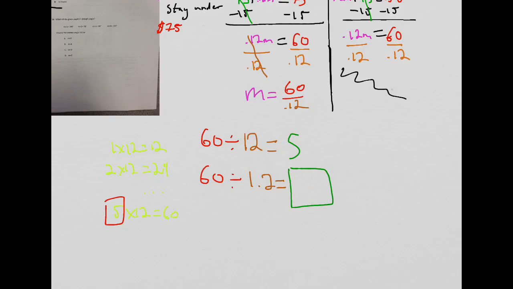If I moved the decimal point over, I need to move this decimal point in a direction that makes this number bigger, because I know that this answer must be bigger than this one. Therefore, I'm going to move it this way. So my answer is 50.